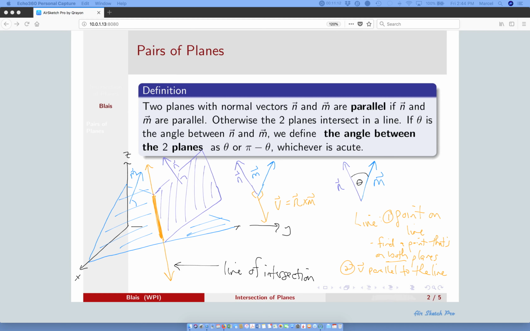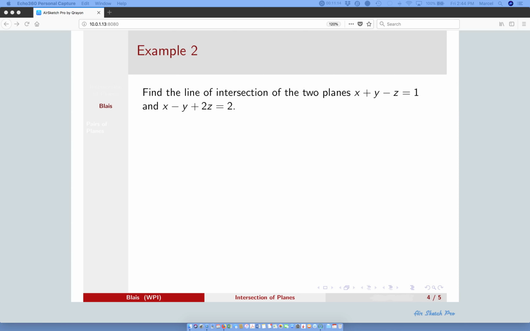So let's go back to our new example. We have two planes and we want to find the line of intersection. The first thing we need to do is get their normal vectors. Remember, we pull the coefficients of x, y, and z. So we have 1, 1, minus 1, and then here we have 1, minus 1, 2.